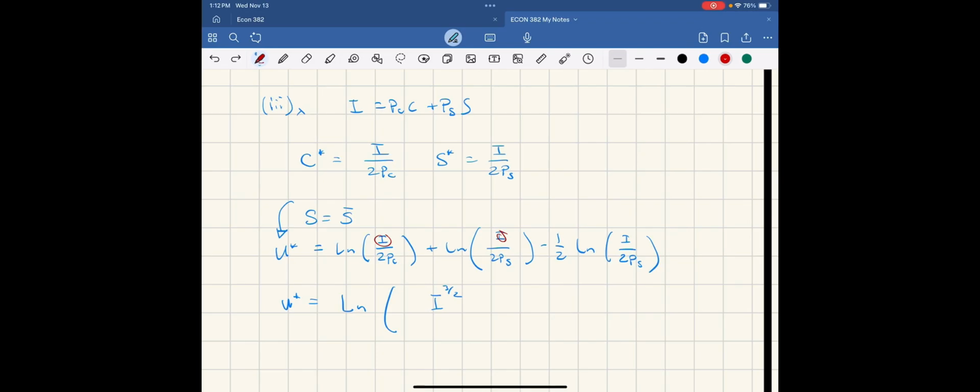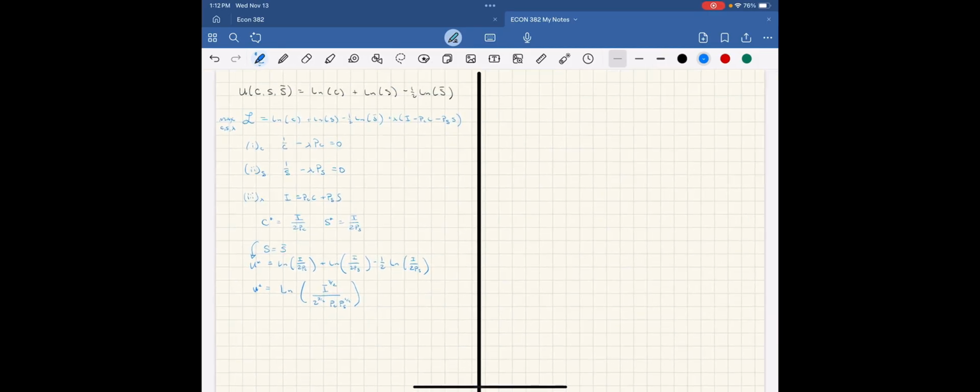And then we have this 1/2 in each of these, so we can bring that in, of 2 to the 3/2 PC times PS to the 1/2. And so that's how it simplifies into the individual's maximum utility. So that's for the individual.